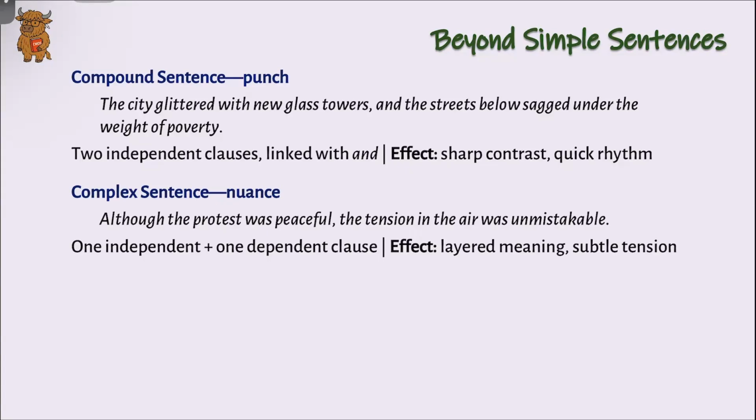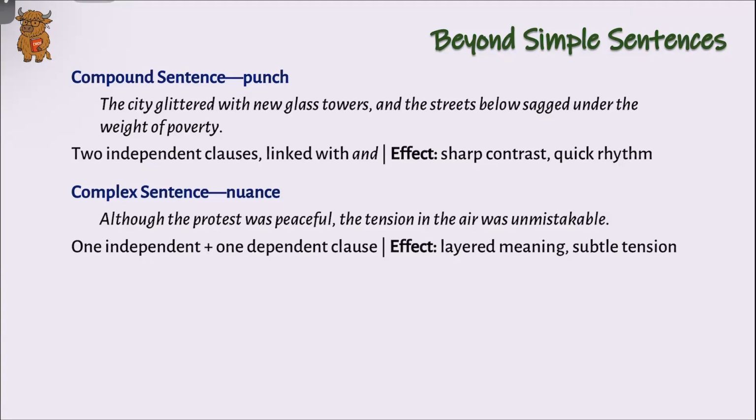Now, do we know what the difference is between an independent and dependent clause? I'm assuming, maybe I'm assuming too much. What's an independent clause? What does an independent clause have? It can stand on its own. Meaning it has what? A subject and a verb. Yes.